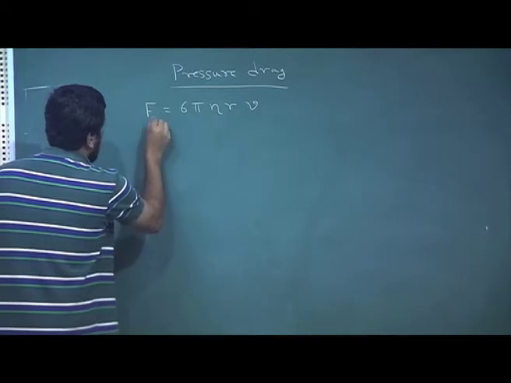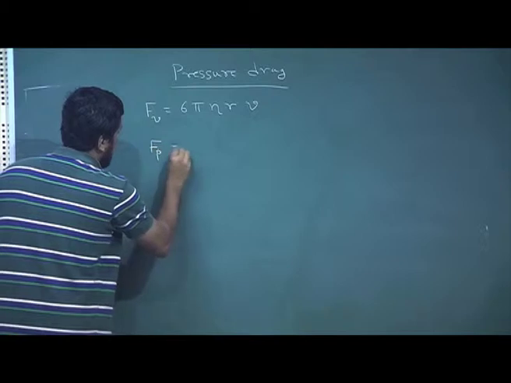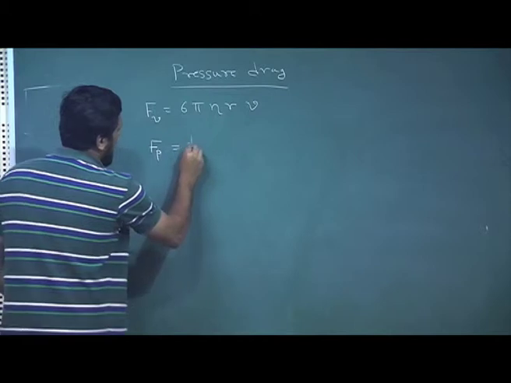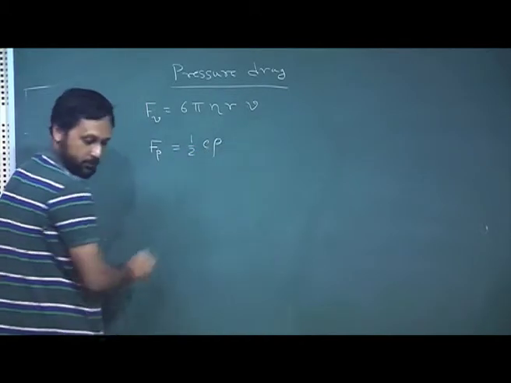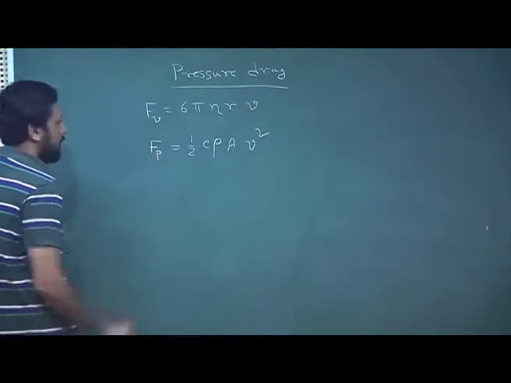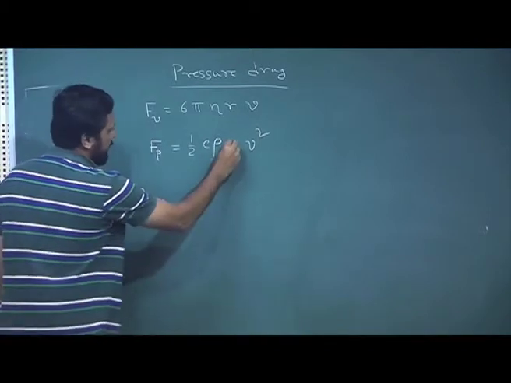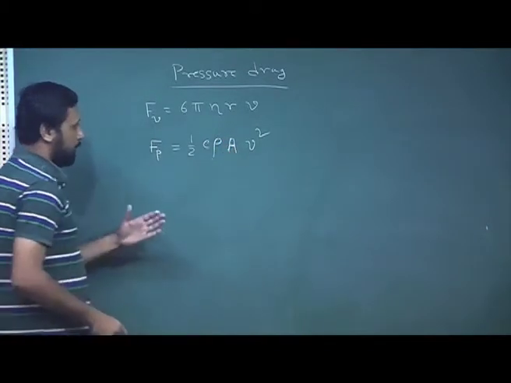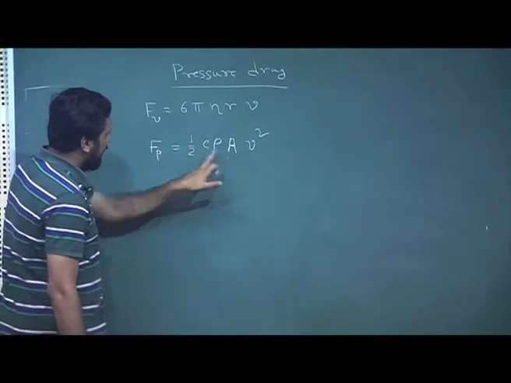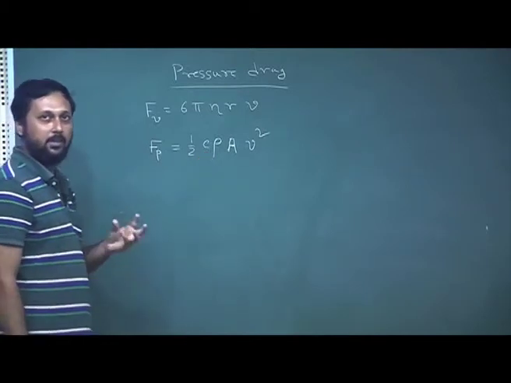So, we call it Fv, this is for viscous drag, and we have a pressure drag which is half C rho A v square, rho being the density of the liquid, A is the cross section of the object which is moving, the effective cross section, and C is something called a shape factor which is related to the geometrical shape of the object.